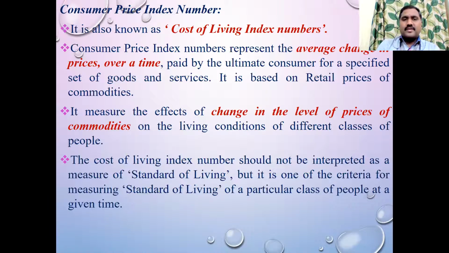Now the specific topic is the consumer price index number. Here, what is the cost of living? For example, now the price of coffee or tea or any soft drink is 10 rupees.